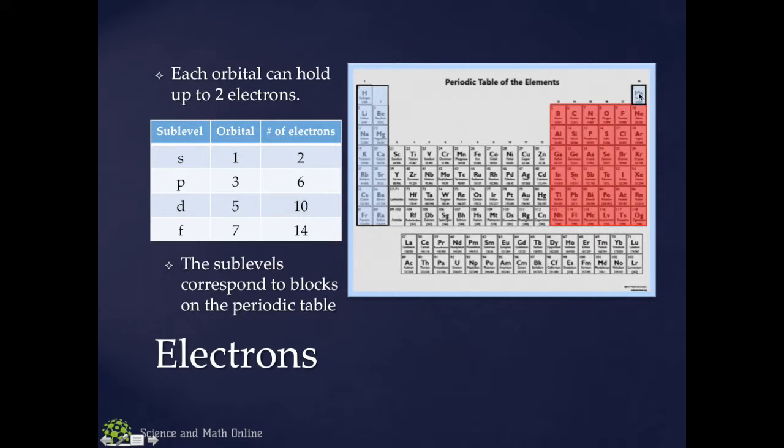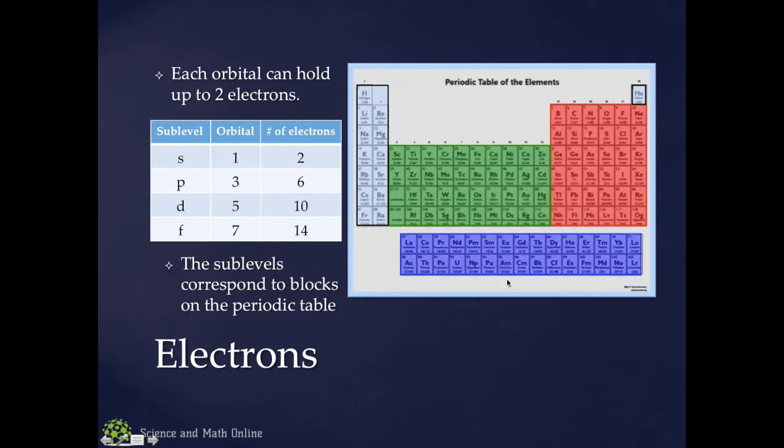Notice hydrogen's blue because helium technically goes there in terms of quantum mechanics. So here's what we call the P block, because this corresponds to the P sublevel, and it's 6 atoms across. D can hold 10 electrons. That's this group here. We call this the D block because it's 10 atoms across, or 10 electrons across.